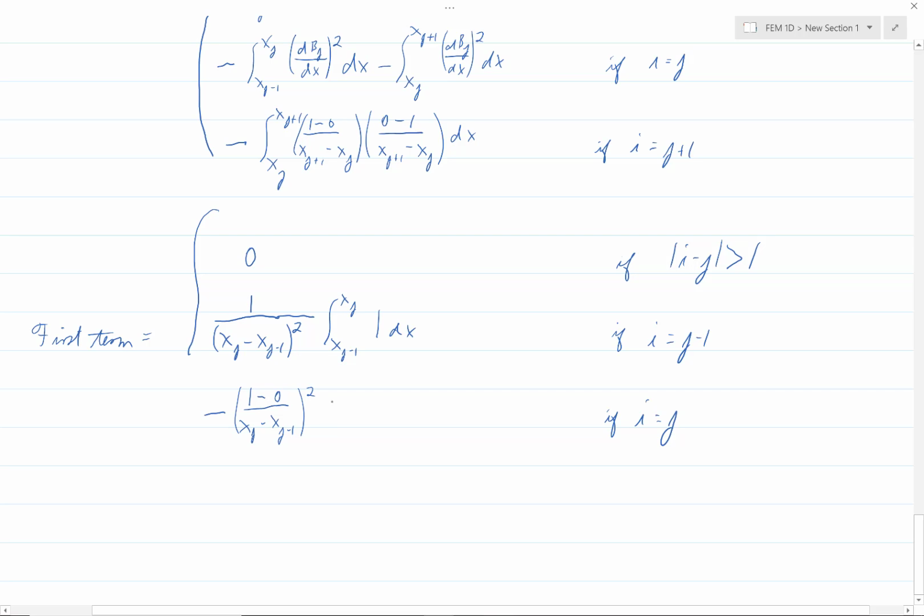And then we'll have the integral from xj minus 1 to xj of 1 dx. And then we also have minus, and following along the same way, we'll have (0 minus 1) over (xj plus 1 minus xj) squared, integral xj to xj plus 1 of 1 dx.